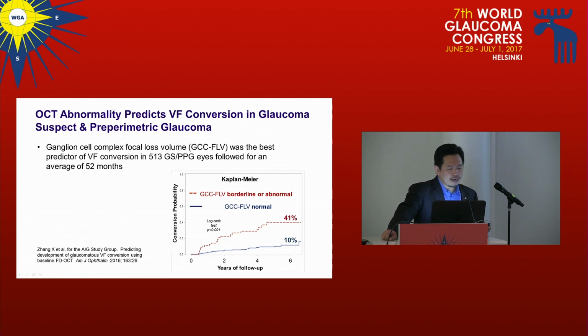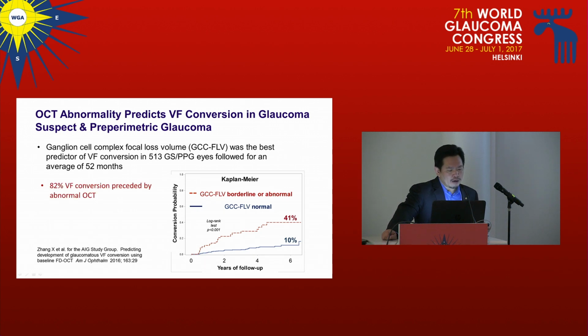And we found that the one parameter, ganglion cell complex focal loss volume, was the best predictor of visual field conversion out of all the OCT parameters. So eyes that have borderline or abnormal GCC FLV actually have more than 3 times the chance of converting during the duration of the study. So it's a very important parameter to look at in your pre-parametric glaucoma group.